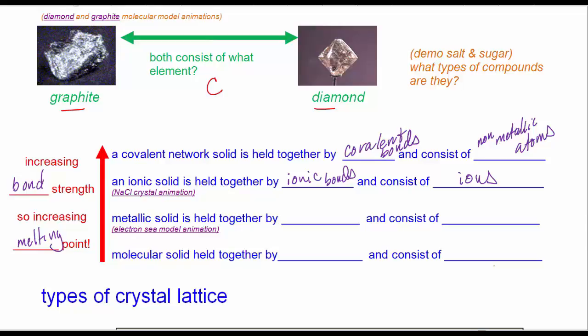Metallic solids, the third highest melting point, they're held together by, well, kind of the answer's right here, the electron sea model. So you have all these cations in this crystalline structure, and in between them is the sea of electrons. It consists of metallic atoms.